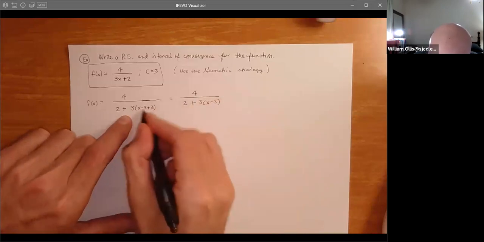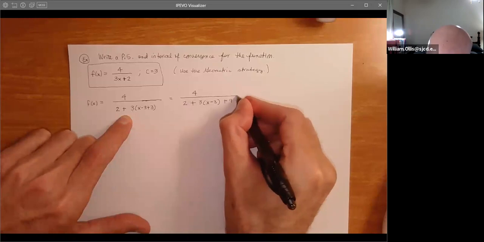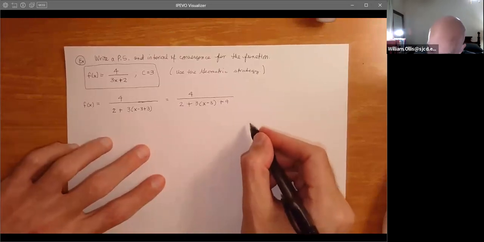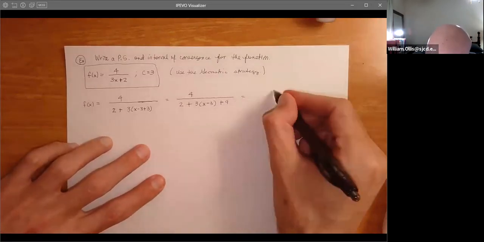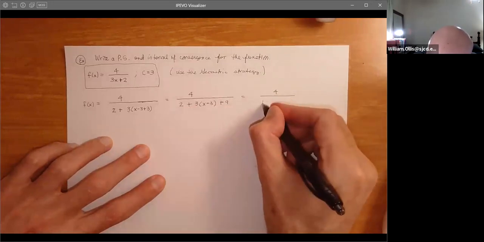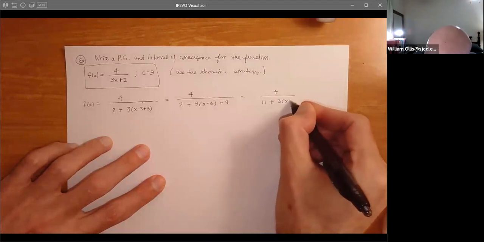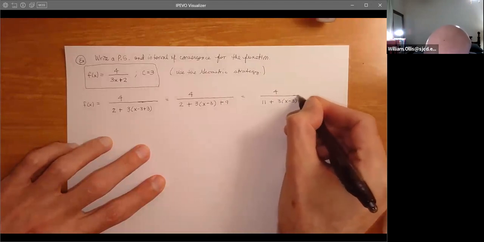And then, of course, we have a 3 times a 3, so that's plus a 9. So it's starting to look better already. So now we get 4, very simple. 9 plus 2 is 11. And we have 3 times x minus 3 here.